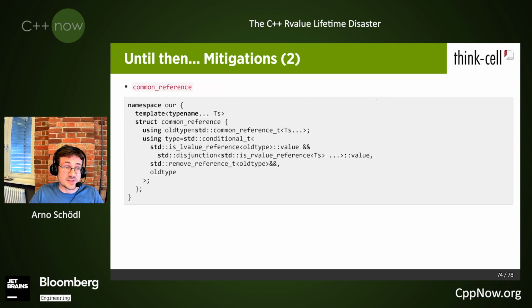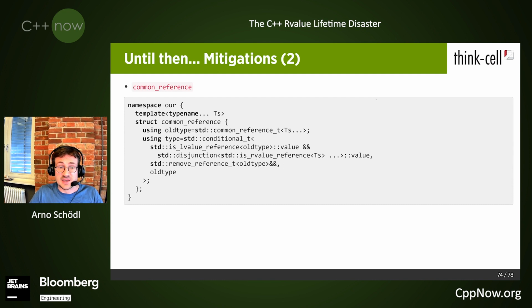Now, the common reference can also be re-implemented, and the implementation maybe looks a little bit confusing here. What this really does is not terribly difficult. So the old type is still there, but you basically just calculate the common reference according to the old rules.